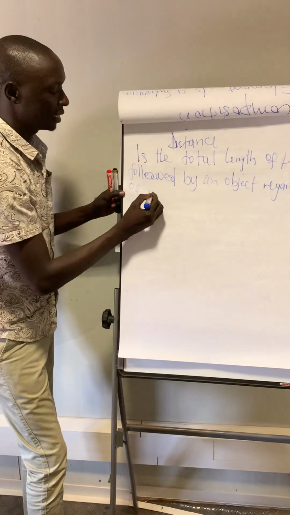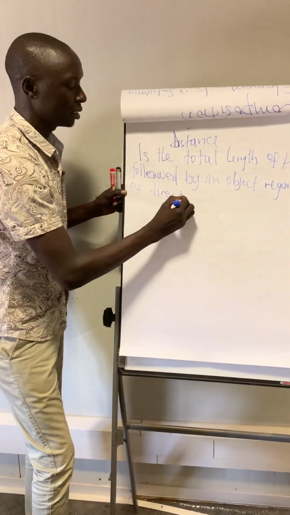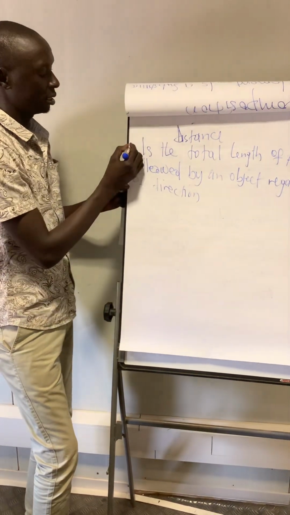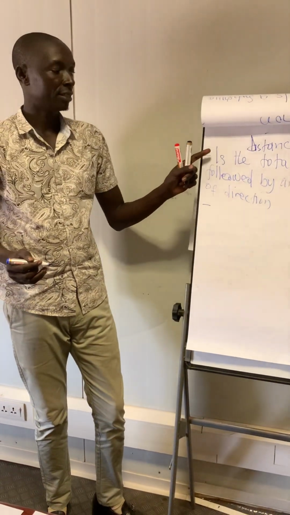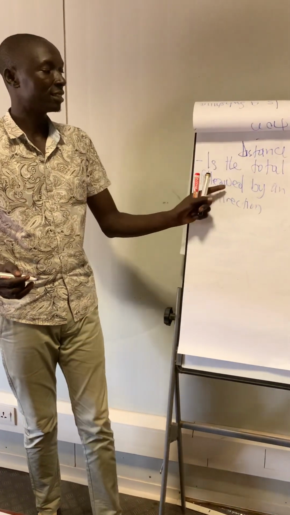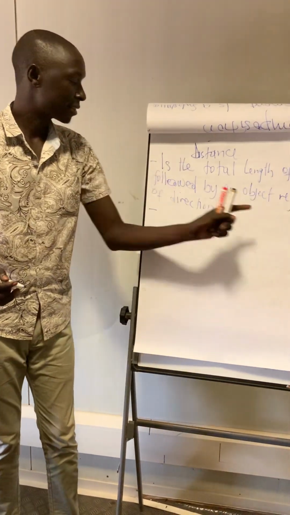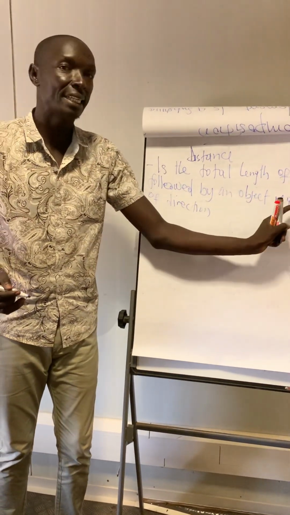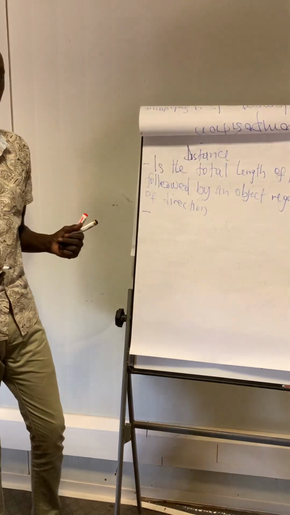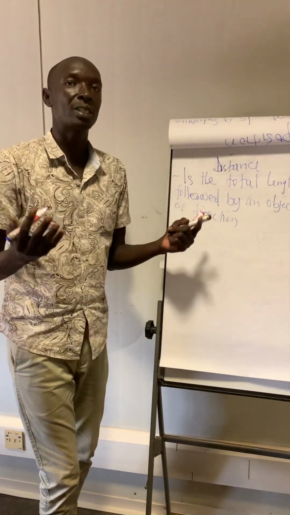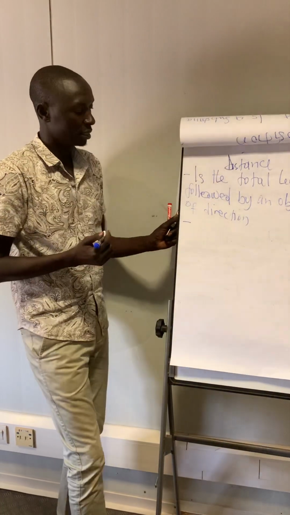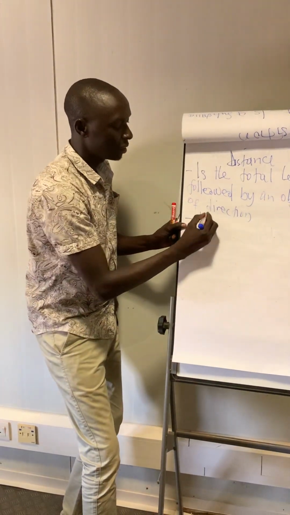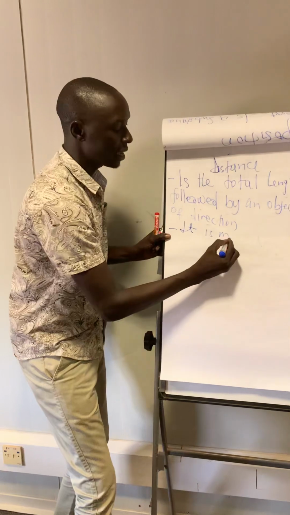The definition of a distance is the total length of path followed by an object regardless of the direction. It does not matter which direction you take, as long as you take different directions to reach the place. It is measured in length.